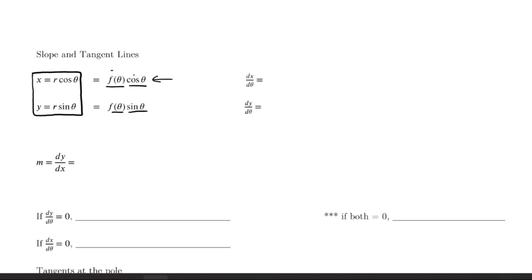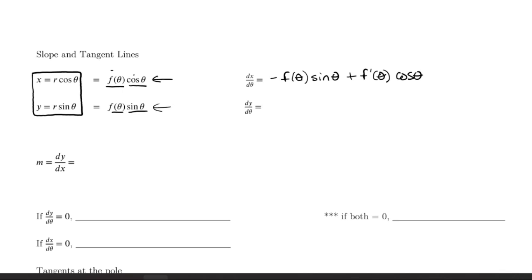So using product rule, the first times the derivative of the second, that's negative sine, so I'll throw the negative in front of there, plus the derivative of the first times the second. So if you want to do some memorization, dx d theta is going to be negative f of theta sine theta plus f prime of theta cosine theta.